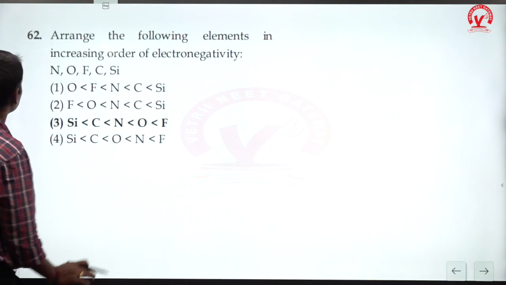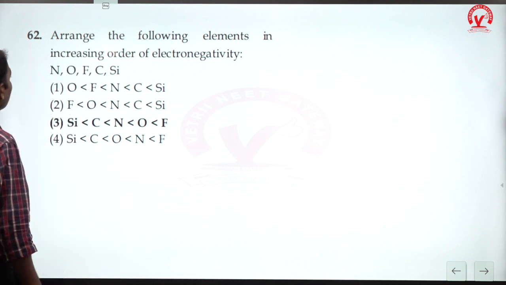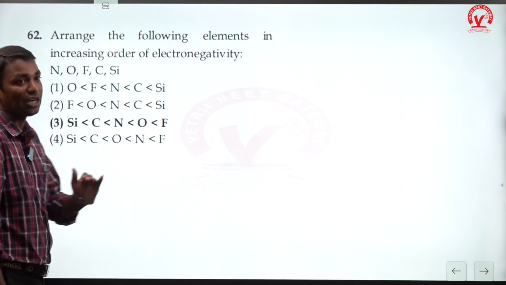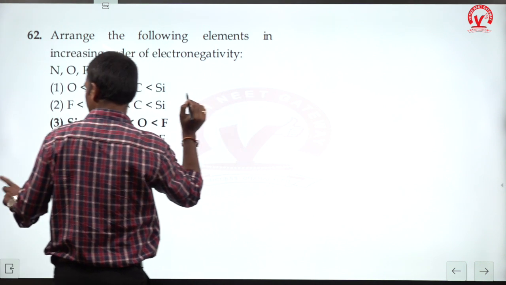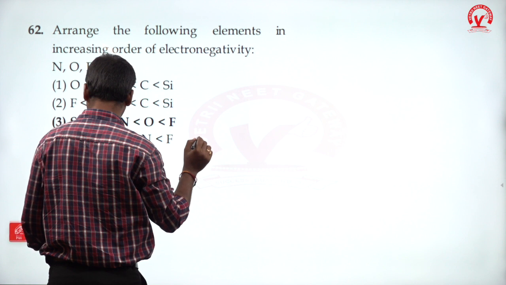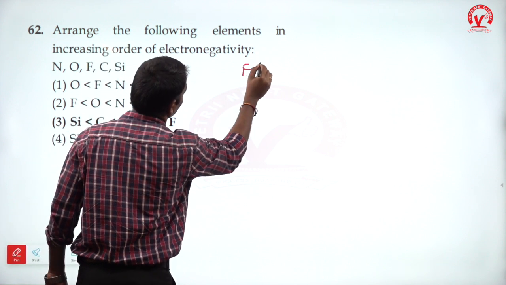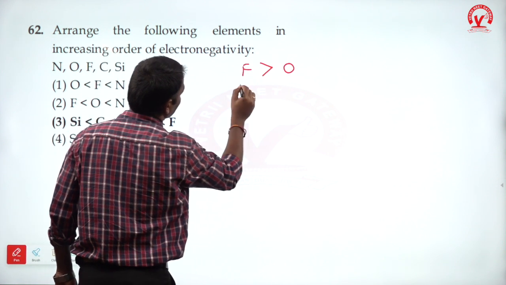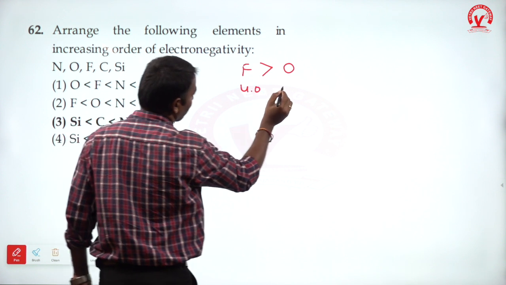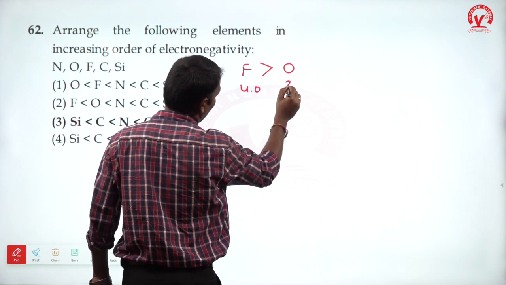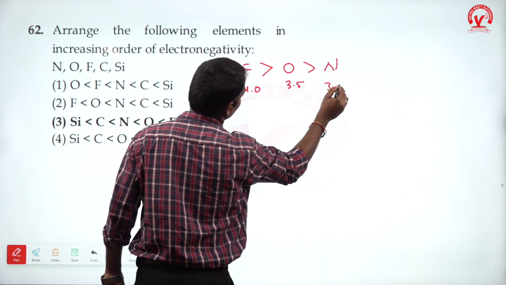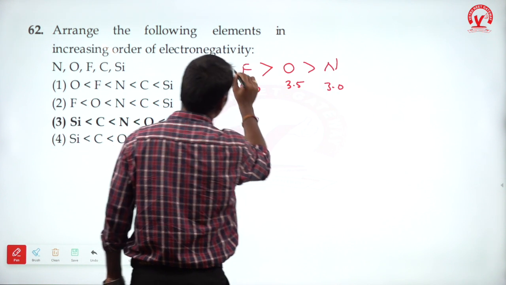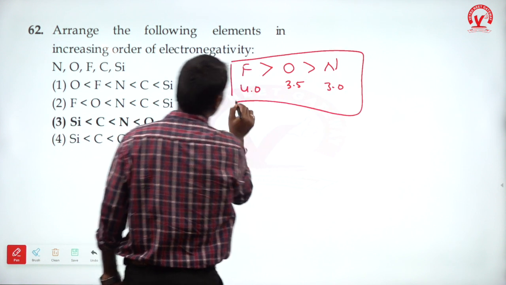Without wasting time. Arrange the following elements in increasing order of electronegativity. Very simple question it is. Electronegativity in the periodic table: highest electronegative element is fluorine at 4.0 on the Pauling scale, then oxygen is 3.5, and next nitrogen is 3.0, right? These are the highest electronegative elements in the periodic table.